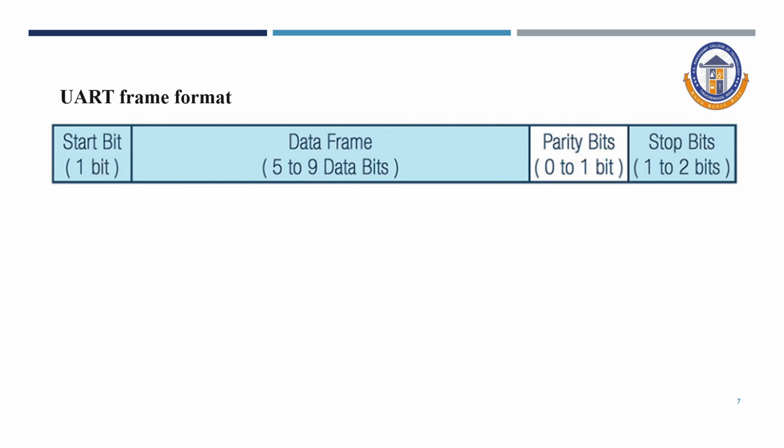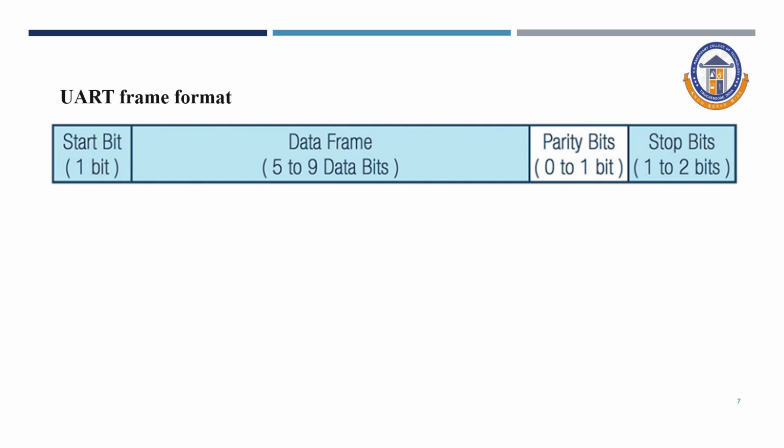Every data frame has a start bit and then a stop bit. In the idle condition, the UART line is at a high level. Once it goes to the low level for 1 clock pulse, the UART is ready to transmit. After that, data is transferred: 5 to 8 bits if there is no parity bit, 5 to 9 data bits if parity is present.